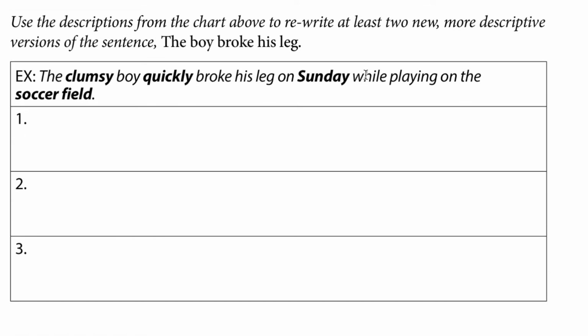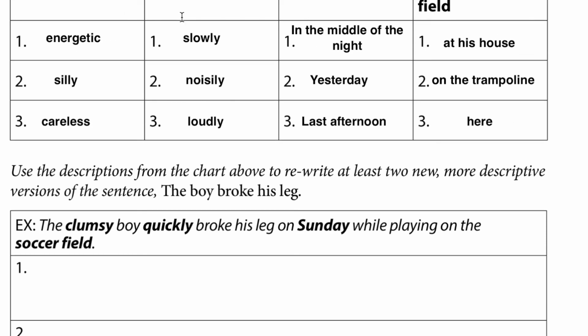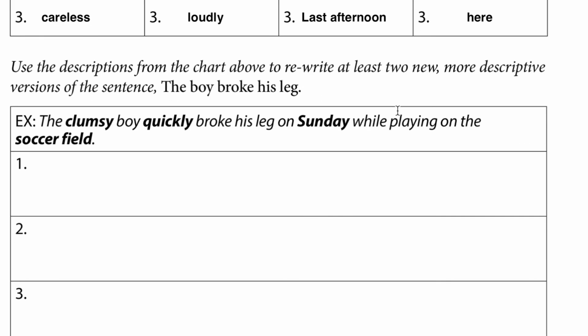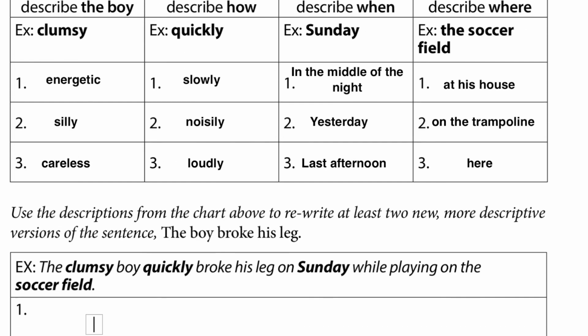Now if we're going down to here, it wants you to take all of these words that you've come up with and make sentences for it. It says rewrite at least 2 new, more descriptive versions of the sentence. Okay, so I'm going to do the first one here.